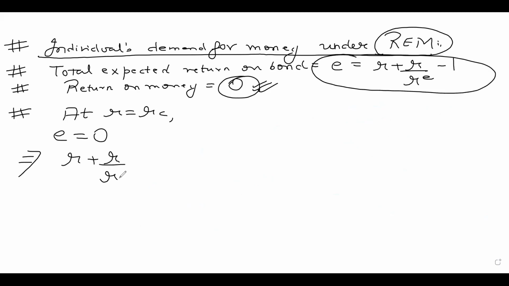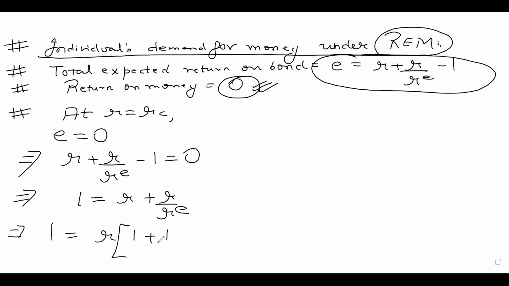R plus R upon RE minus 1 is equal to 0, which implies 1 is equal to R plus R upon RE, which implies 1 is equal to, I can take R common, so R times 1 plus 1 upon RE.